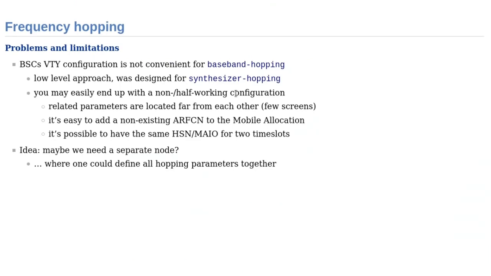There are a few screens, so you don't see the whole picture on one screen, and it's easy to either add some non-existing channel to the mobile allocation, or to specify the same index offset and so on. So one of the ideas that I have is to introduce a separate node for the frequency hopping parameters, where you could specify groups of different parameters, but this can be discussed later.